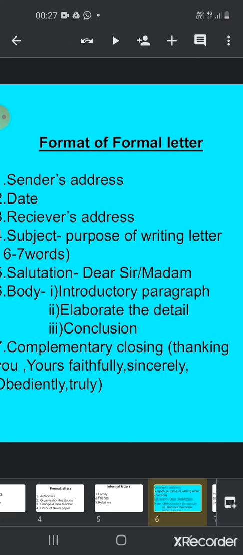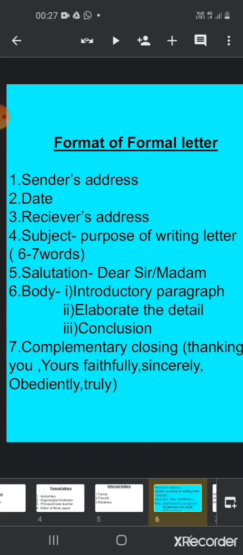Children, always remember that when we write a formal letter, we start with the sender's address. The sender's address should be written on the left hand side corner on the top of the page. Next step is to write the date just below the address.